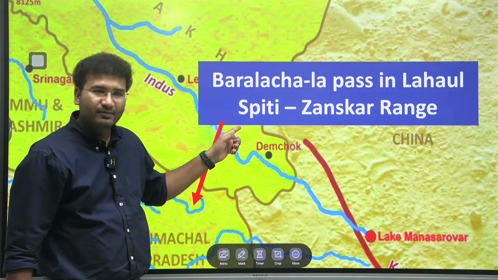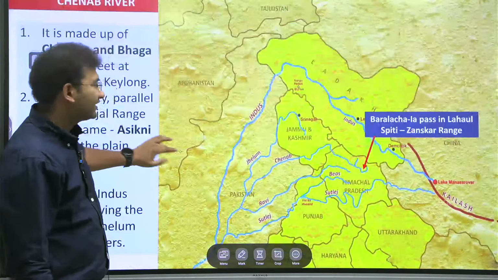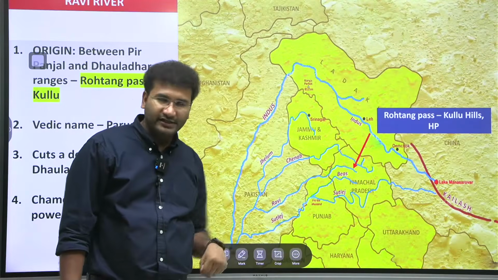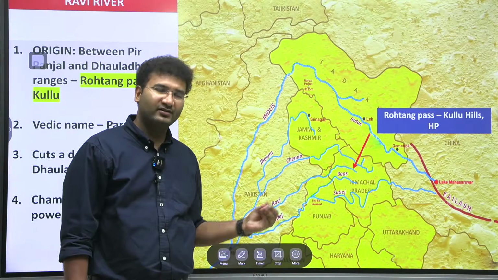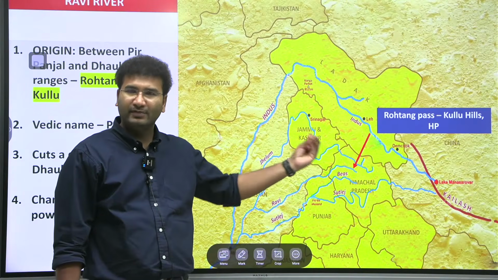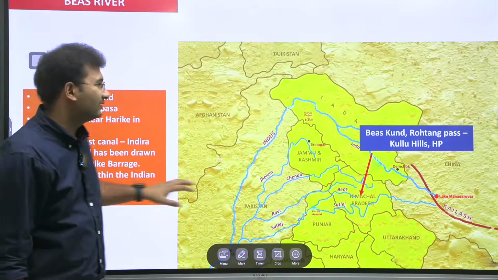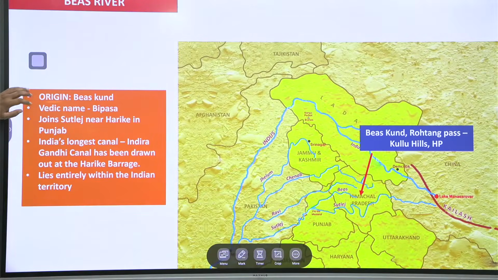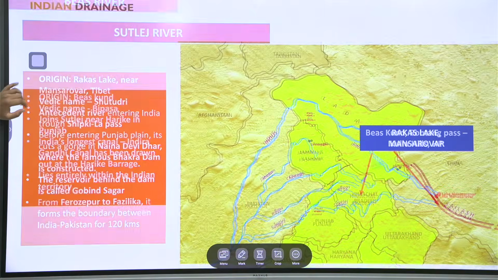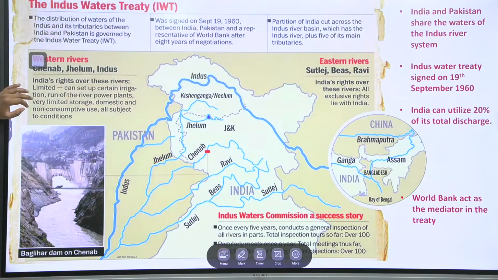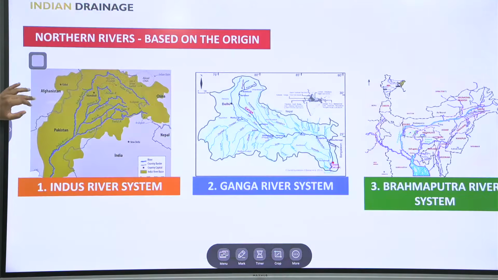Chandra and Bhaga together near Baralacha La Pass. Next, Beas also originates in India, right? This also originates near Kullu, Himachal Pradesh, Mandi, nearby Kullu. Then Beas Kund, it also originates in Himachal Pradesh. And Sutlej River originates in Tibet, right? So Sutlej enters India from Shipki La.